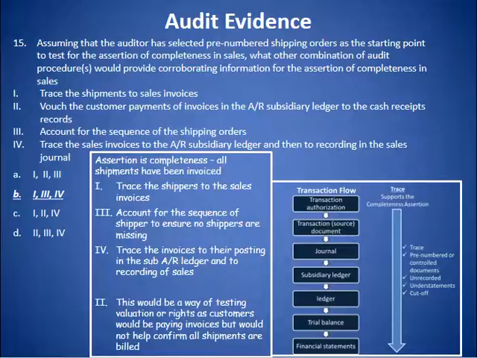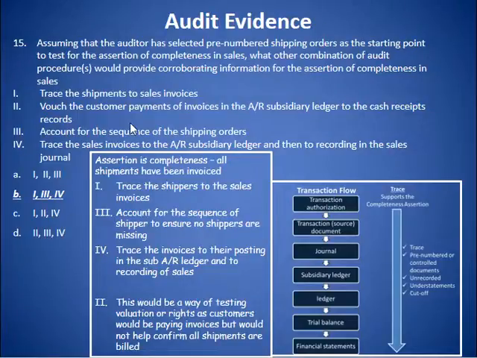So let's take a look at number 1. Number 1 says trace the shipments to the sales invoices. And again, that would come from the shipping document, so it would come through our transaction. And the sales invoices would be created as a result of those items, and those would be going from the top down.